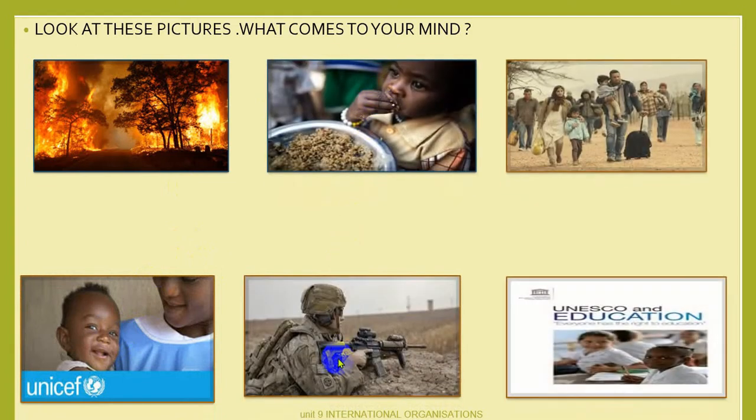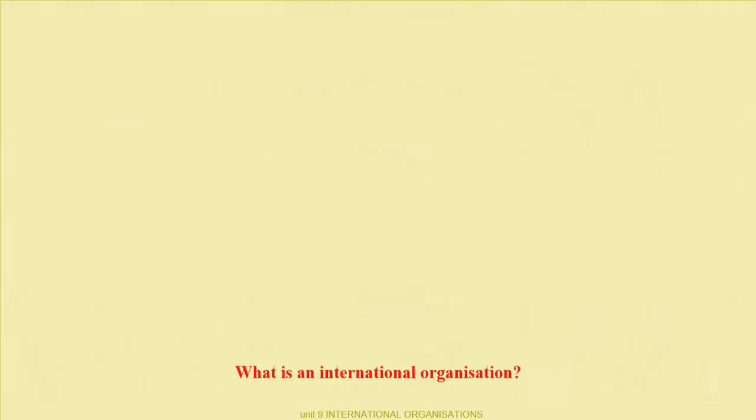Describe each picture. What do you see in this picture, and who are the people that can help? Which organizations can help in these situations? Take your time, generate vocabulary, and let's see how much vocabulary we'll get from these pictures.